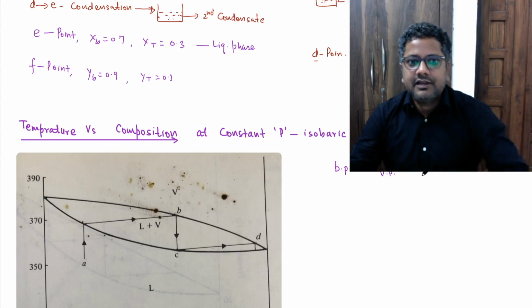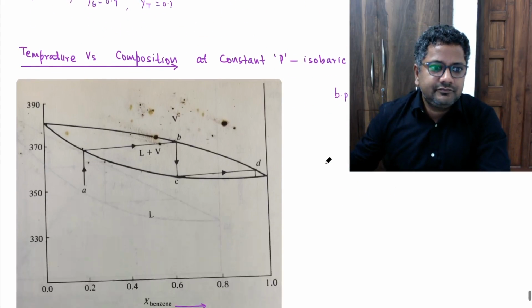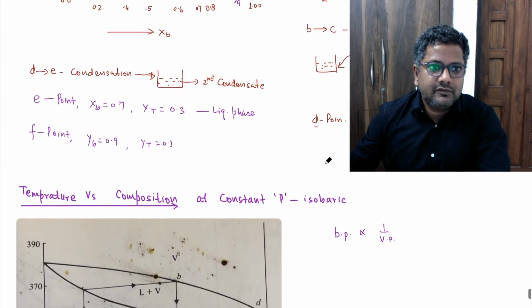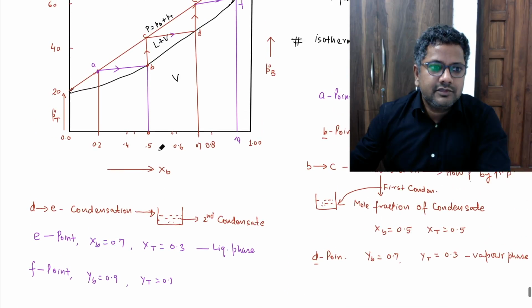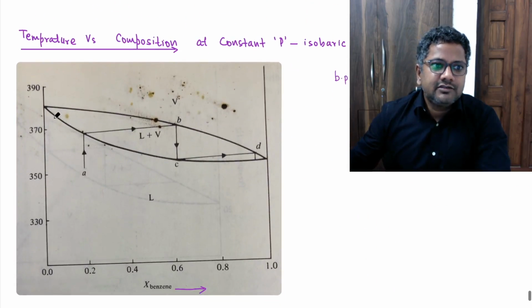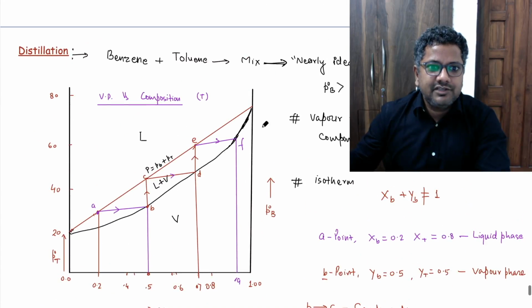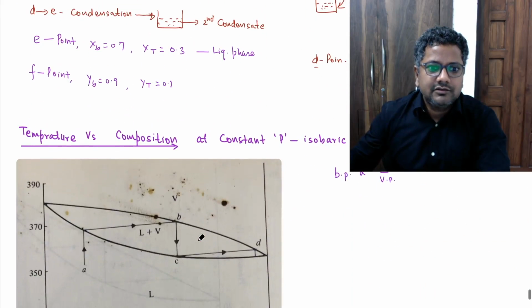Vapor pressure, right? So see here, this is the vapor pressure of toluene. So vapor pressure is less, so boiling point is more. And here the vapor pressure of benzene is more compared to toluene. So see this.